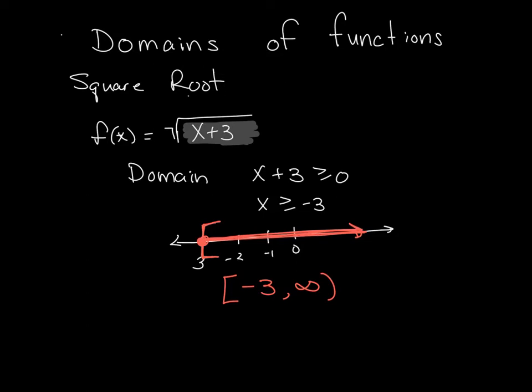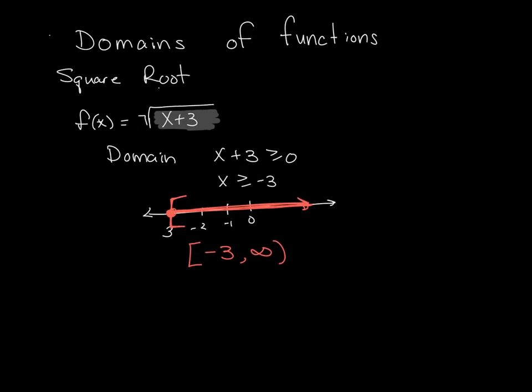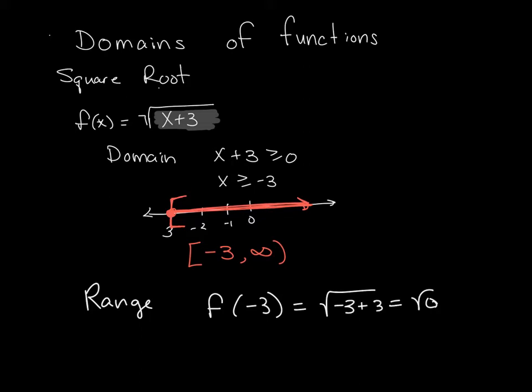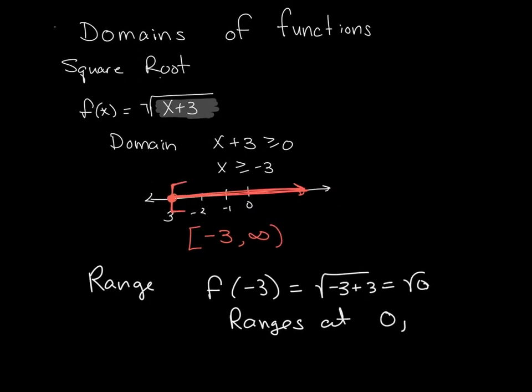Now, to find the range of this, start thinking about what would happen if you took that -3 and plugged it into that function. When you plug that in, that would give you the square root of -3 plus 3, which is the square root of 0. So your range here starts at 0, and it's going to go towards positive infinity. How do I know that?